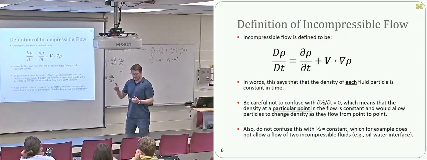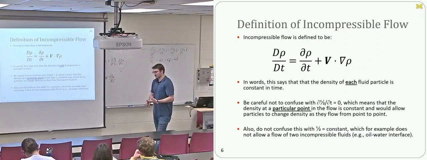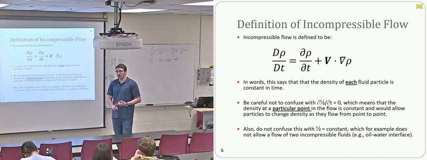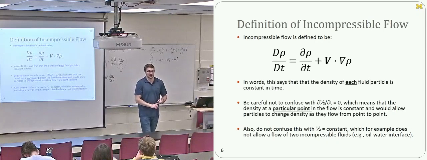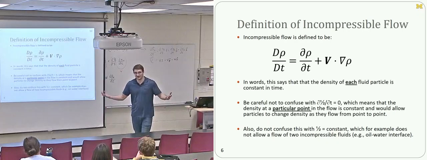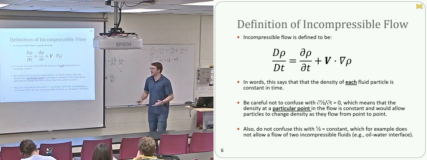You could have, for example, let's say you've thrown a bunch of rocks into a fast-moving river and they're getting dragged along by the water. Is anything in this system compressible? No. You got rocks, you got water.